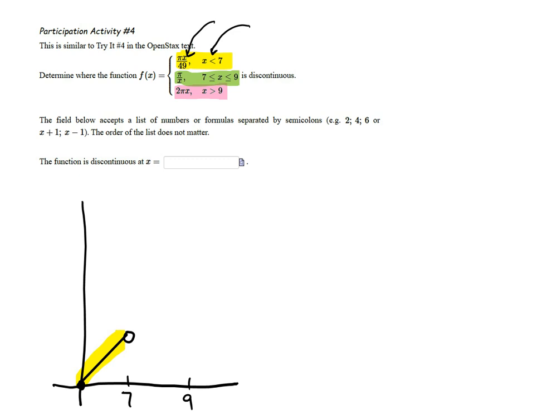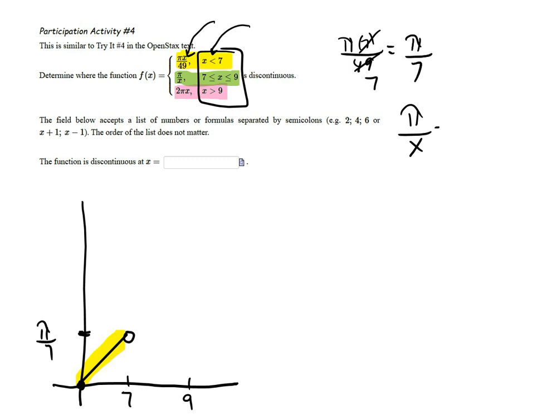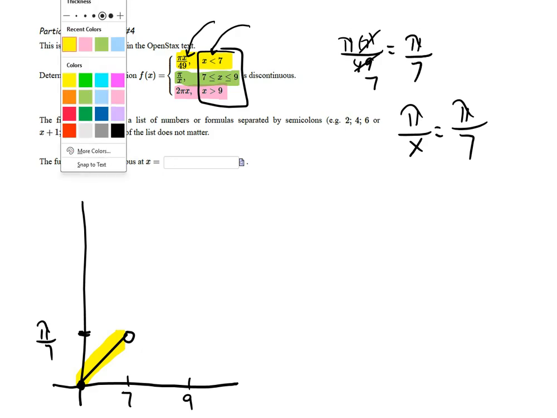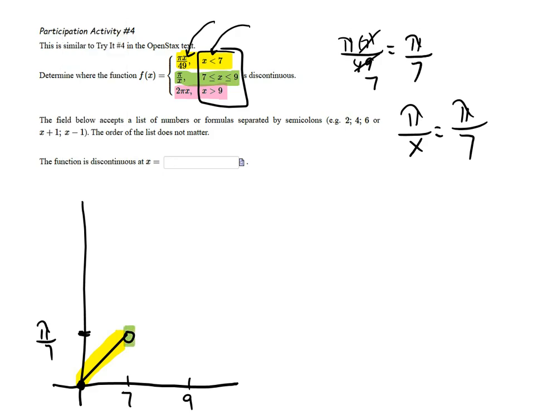When I choose the 7, pi times 7 over 49, the 7 goes into the 49 7 times, so I get pi over 7. So this is whatever pi over 7 equals. Now when you go to the green one, pi over x, when you put in the 7, you get pi over 7. So the green one starts right here and includes that circle.